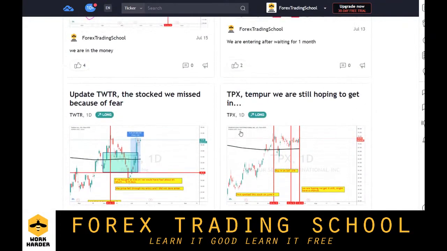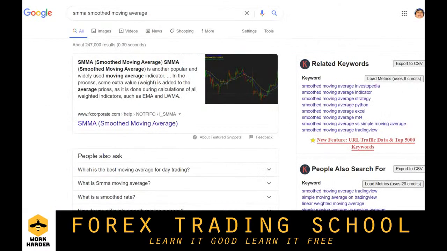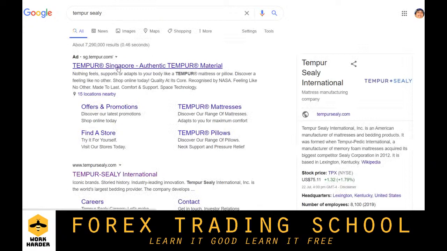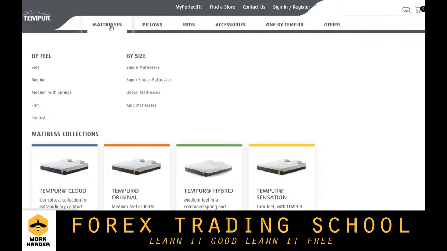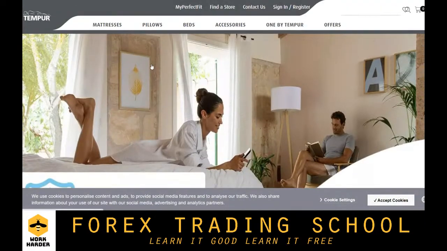Then let's talk about Tempur. This is a big company, Tempur. If you don't know, let me show you. Very expensive brand. I'm from Singapore, so you see as Tempur mattress. Wow, how much are they selling? Can I find an offer?